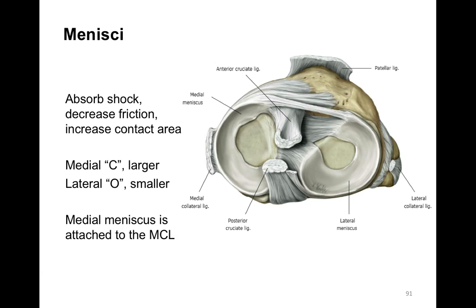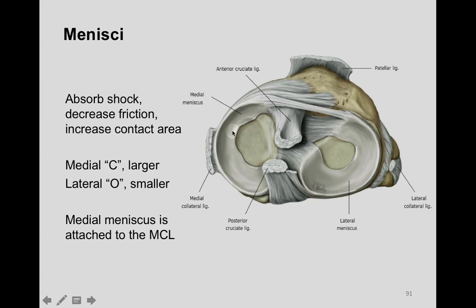The knee joint also has fibrocartilaginous shock absorbers placed in between the femur and the tibia, and these are the menisci. This is a superior view of the tibia with both menisci present. These menisci are going to absorb shock, decrease friction, and increase the contact area, much like a labrum would increase the contact area at the shoulder or hip joints.